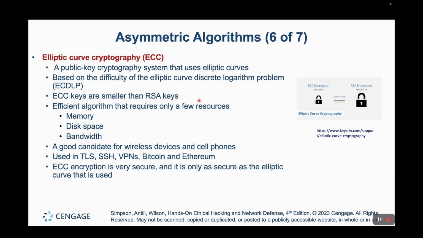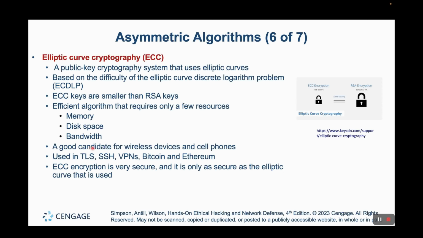So what does that mean to you? It means that this is an efficient algorithm that requires fewer resources. And we said this before, the bigger the key size, the more computational resources needed to do the math and the computation. Which means ECC requires fewer resources like memory, disk space, and bandwidth.